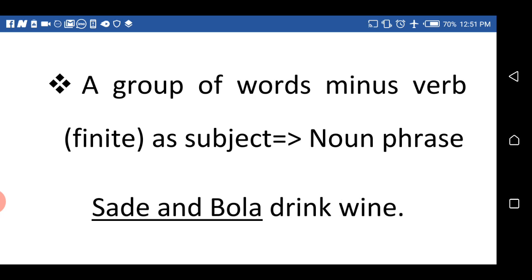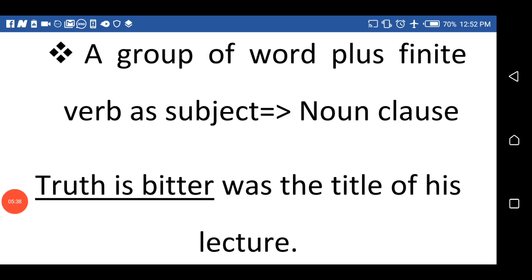It's functioning as subject of the sentence. Since Shade and Bola are the performers of the action, the group of words Shade and Bola has the function as the subject in the sentence.